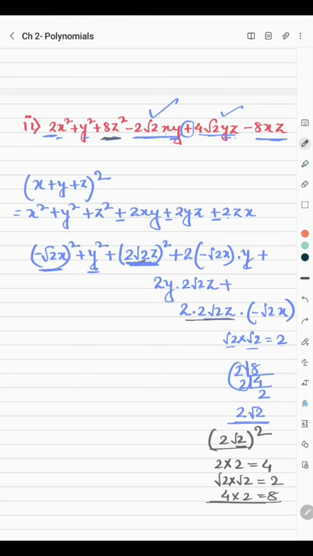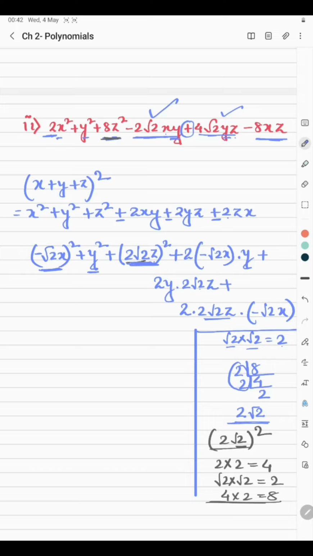Now we'll just multiply this to check whether we are getting minus 8xz or not. Okay, now see, 2 into 2 is 4, and root 2 into root 2 is 2, so 4 into 2 is 8, and z and x means zx. So we are getting 8zx, and here we have a minus sign, and here we have a plus sign, so plus minus minus, so here we are having minus 8xz, so here also we are getting minus 8zx.